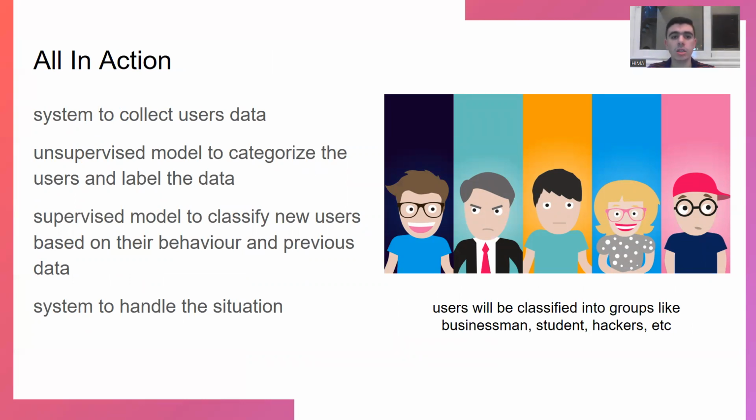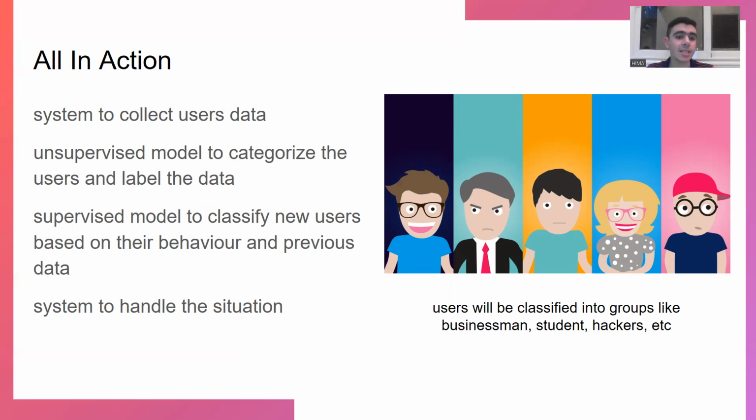Depending on the resulting data that I get from my unsupervised model, I can build a supervised one that can classify new users based on their behavior and the previous data that I collected and gave to the unsupervised model.